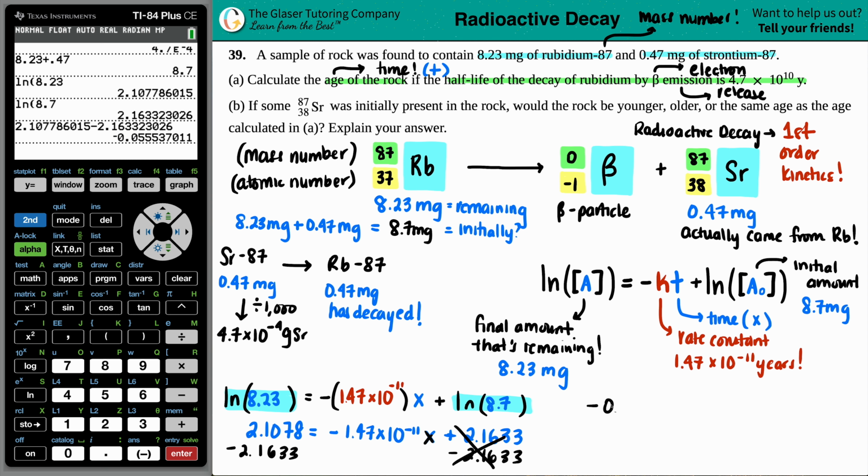Negative 0.0555 equals negative 1.47 times 10 to the negative 11th times x. We still want to solve for x, so we're going to divide on both sides by that negative k value, negative 1.47.